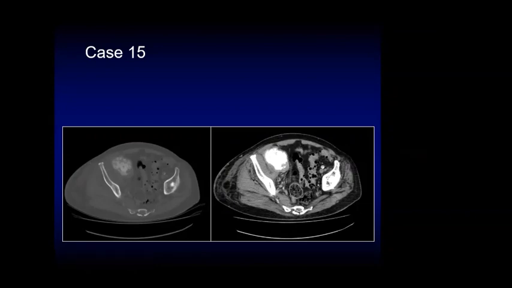Okay, calcified lesion within the soft tissue in the right iliac fossa, associated with the peripheral soft tissue component. The lesion has no anterior extension to the anterior abdominal wall, no regional adenopathy.